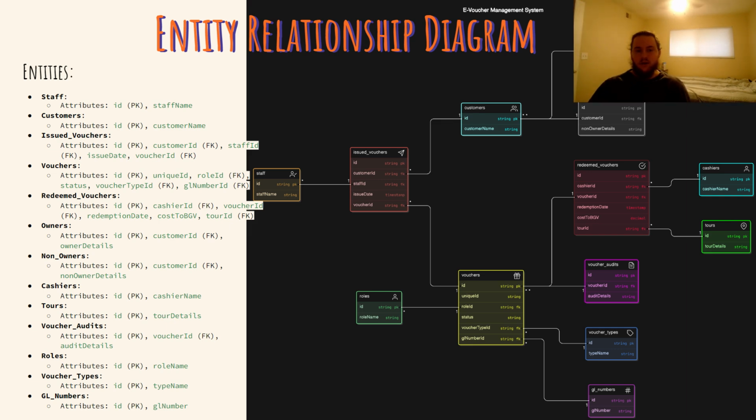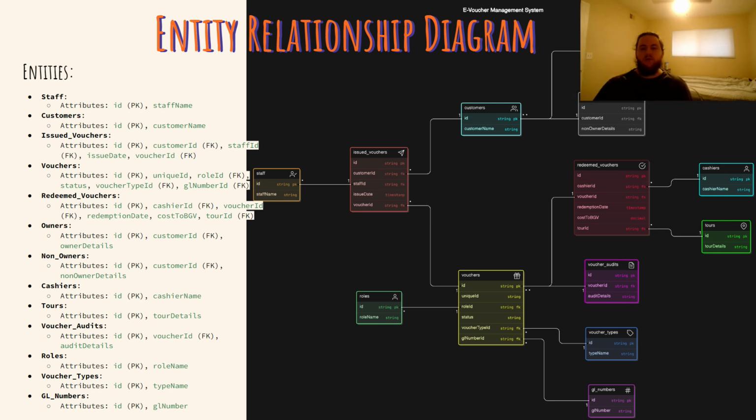Next is the tours entity, and the tours are linked to the vouchers because that's when a lot of the vouchers are given out during tours and stuff. And it just provides further detail on the specific tour information that was associated with the voucher.